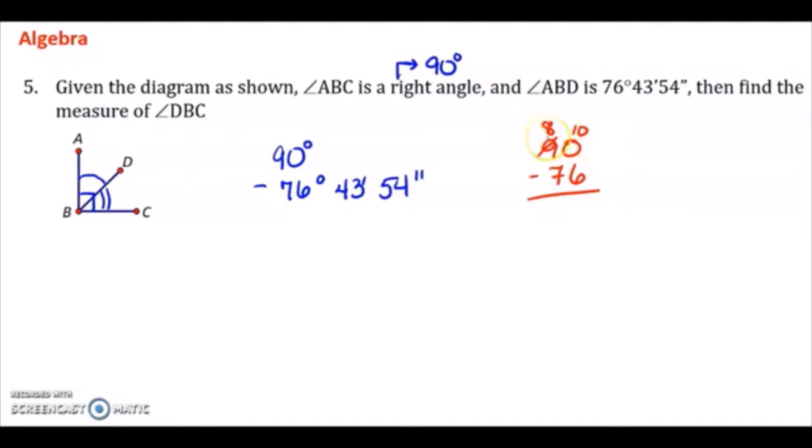Borrow 1 from the tens position. And then I can subtract. You're using a similar algorithm or process here, where I don't have any minutes, so I have to borrow from the degrees.